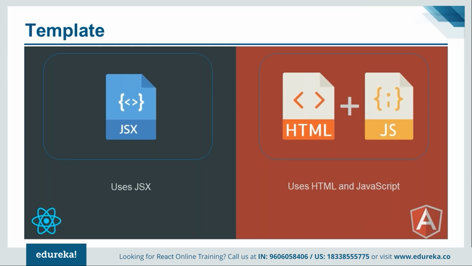The reason why JSX was defined was basically to give it an object-oriented flavor, which I think is sort of missing in JavaScript at this stage. And by using an object-oriented flavor and having static typing, you can take care of a lot of programming issues at an initial stage itself. That's basically more on the compile time side. At this stage, Angular doesn't really have this feature. So it's basically a combination of HTML and JavaScript together.